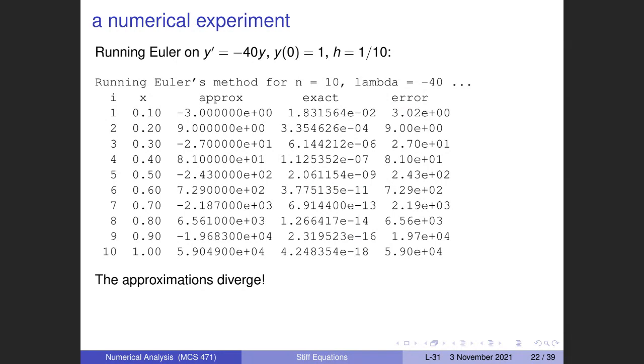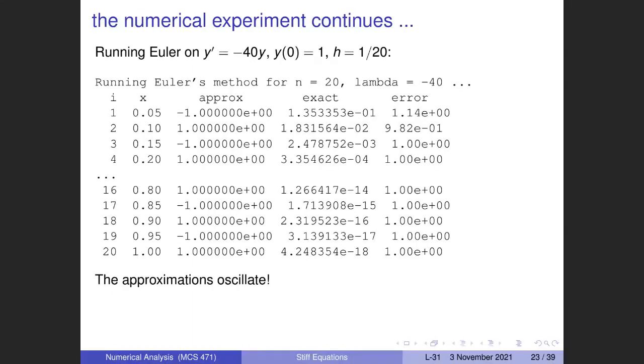So our exact function, the exact answer, is exponentially decaying, but our approximations do exactly the opposite. In 10 steps, we have no accuracy left anymore. All right, let us try to improve this.